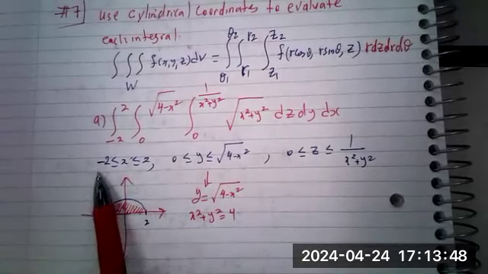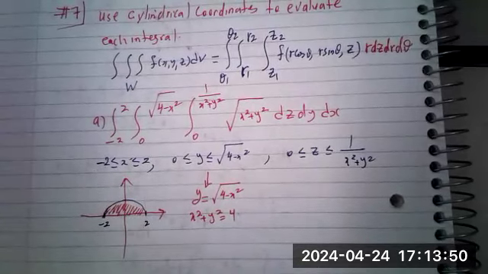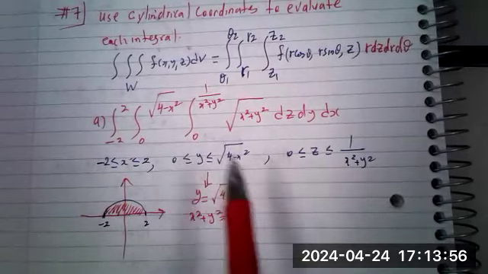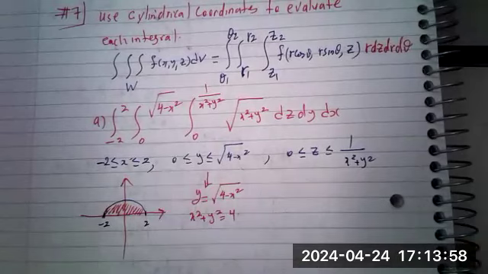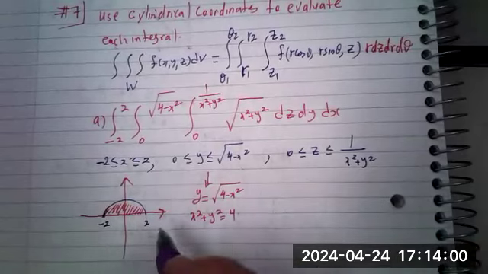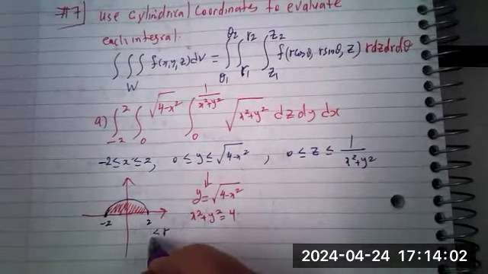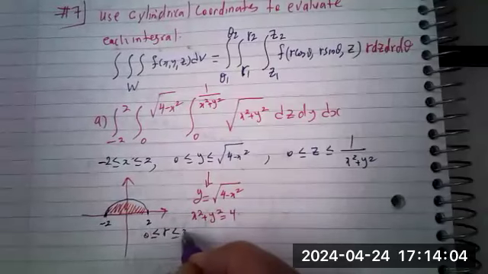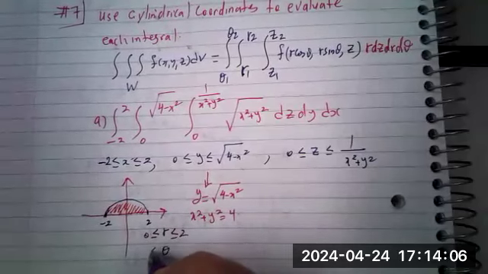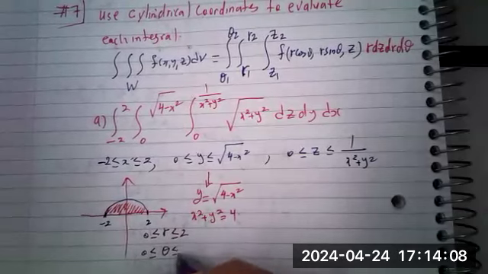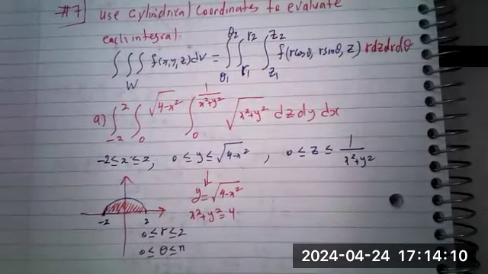Since x is between -2 and 2, it is the full semicircle. If it was 0 to 2, it would be just the first quadrant. So quickly you can identify the range for your polar part. The radius r is between 0 and 2, and theta is going to be the semicircle, which is between 0 and pi. Okay, that's it.